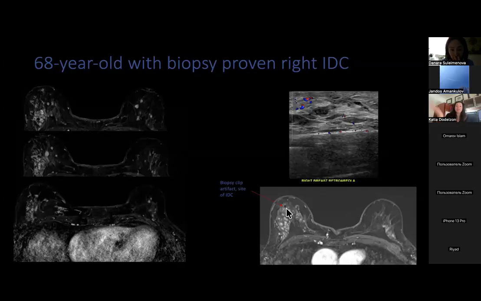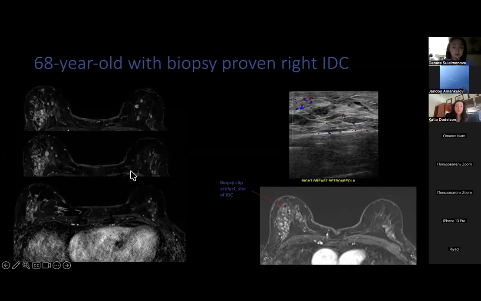You can go back to the non-fat suppressed images to look for that clip artifact. That sequence is very helpful because then the clip blooms. This is the marker at the site of her biopsy-proven cancer. It was quite small. There's hardly any associated enhancement here.